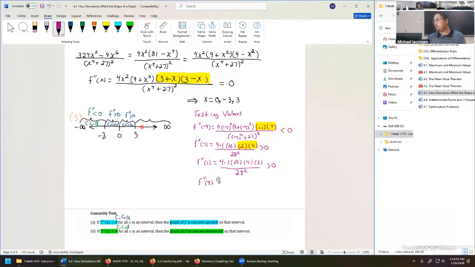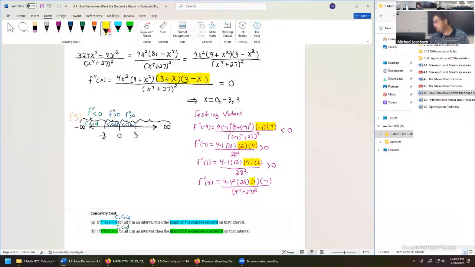So f double prime at 4 is going to give us 4 times 4 squared. And this is 9 times 4 squared. I guess that's 9 times 16 for a 25. Then this will give us a 7. The next factor is going to give us a -1. The denominator is 4 to the power 4 plus 27 squared. That's just a fancy number that's completely positive.